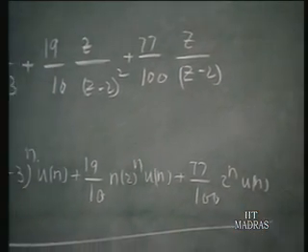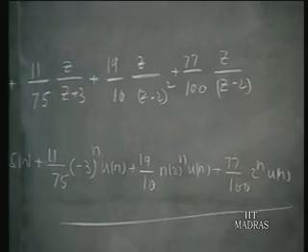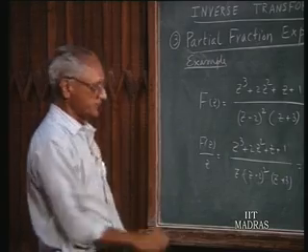So that is the final expression for the discrete time function corresponding to the given F of z.